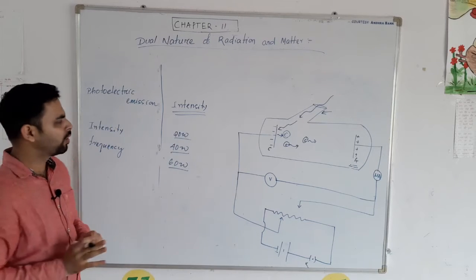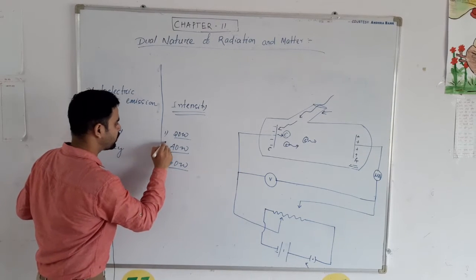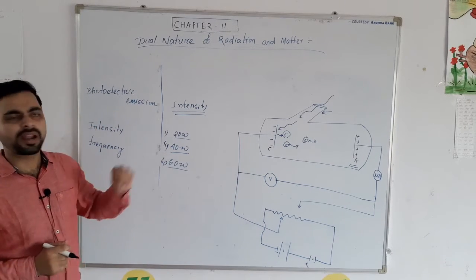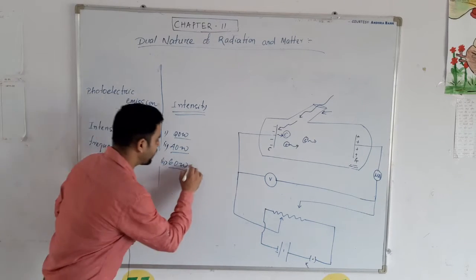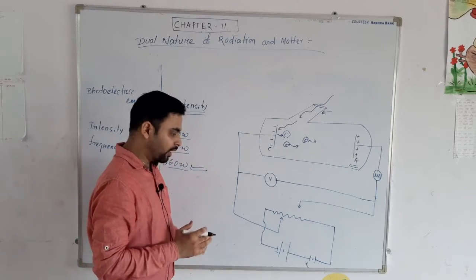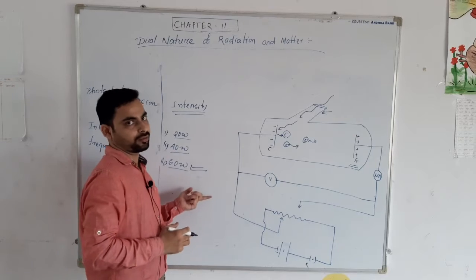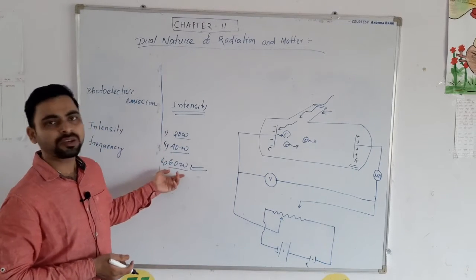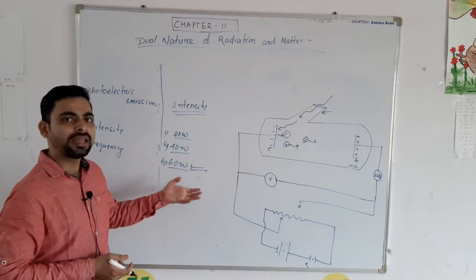If we ask which of the three bulbs will glow brighter, we will obviously say the 60 watt bulb will glow brighter. That means it has more intensity. Which bulb will give you more light? The 60 watt bulb. That means it has more intensity.